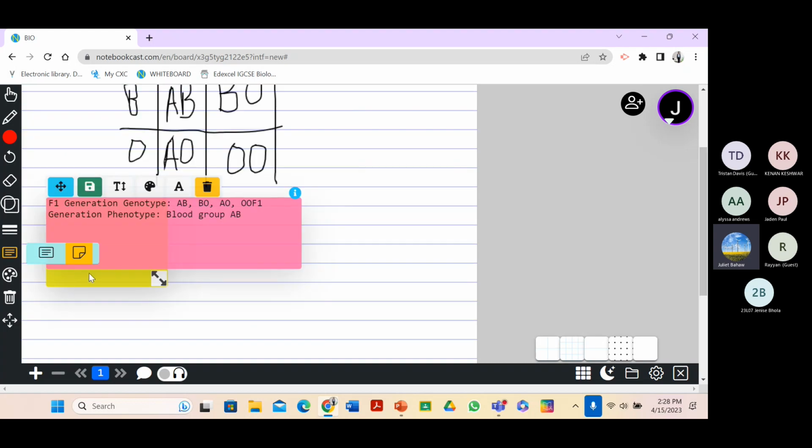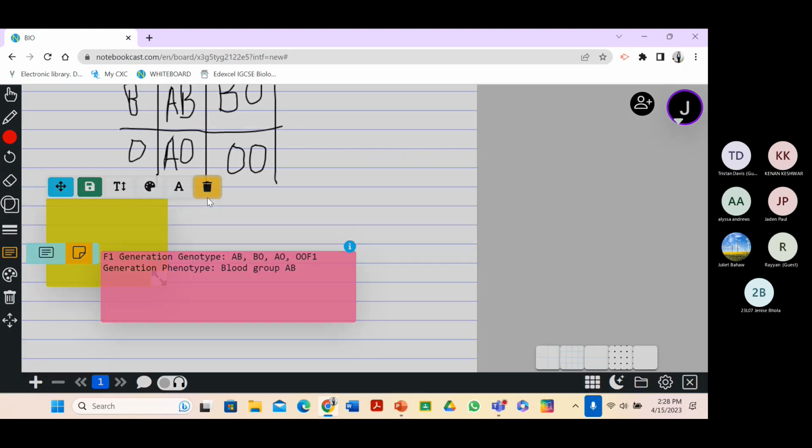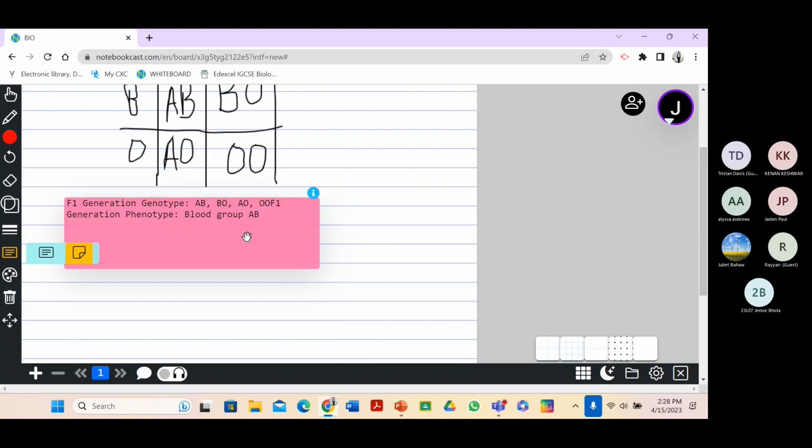Blood group. I'll put BG for short. BO. Actually, no, that'll confuse people. Blood group BO.